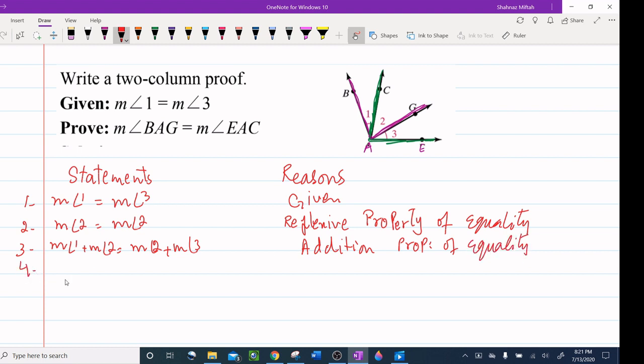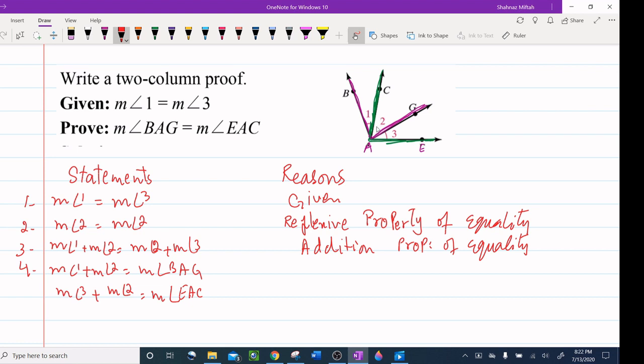Number 4. Like I said, angle 1 and angle 2 is equal to BAG. The addition of angle 1 plus angle 2 is equal to the measurement of angle BAG. And I also know angle 3 plus the measurement of angle 2 is going to give me angle EAC. So what is this? We did this in another video.